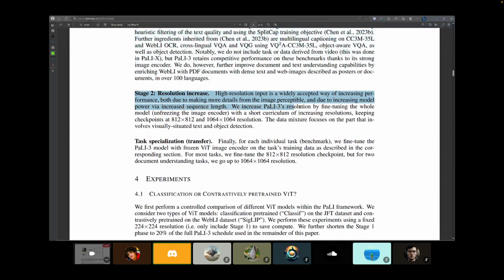We increase PaLI-3's resolution by fine-tuning the whole model, unfreezing the image encoder, with a short curriculum of increased resolutions, keeping checkpoints at 812 by 812 and 1064 by 1064 resolution. The data mixture focuses on the part that involves visually situated text and object detection.